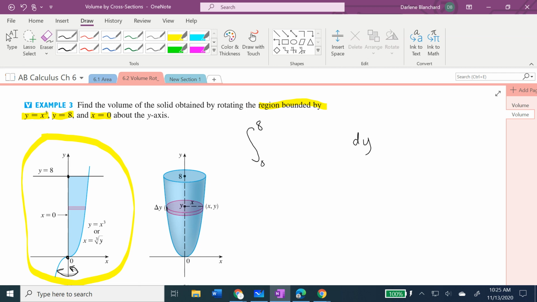I know I need an area formula with respect to y. I know that the geometry of this face of the disk is the area formula of a circle. So pi r squared.